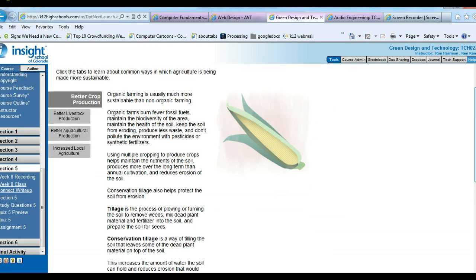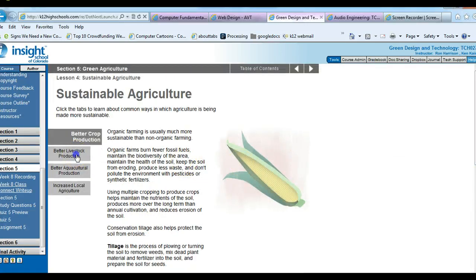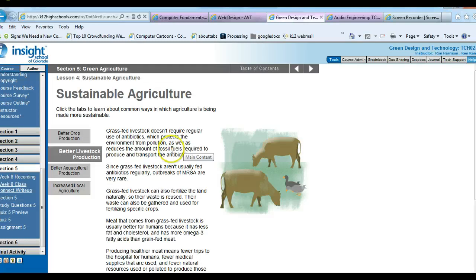So read down through these, and just remember some of the ideas behind these types of practices and some of the stuff that we've learned about. Better livestock production. Grass-fed livestock is better than grain-fed livestock. Grass-fed livestock can naturally fertilize the land. Meat from grass-fed is usually better than meat from grain-fed.